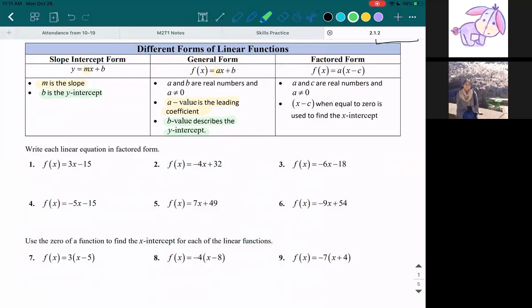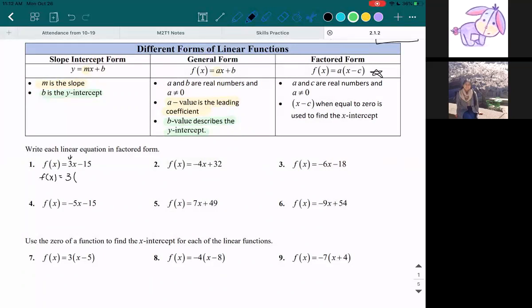So in our example problems on the bottom, we're going to write each linear equation in factored form. So to write it in factored form, we need to make it look like this. I'm going to show you guys how to do that. F of x is equal to, we're going to take this leading coefficient, this number 3, and we're going to divide it out of both terms.